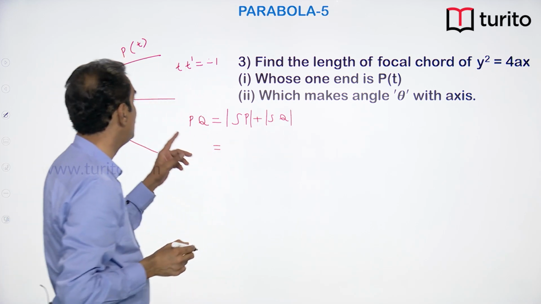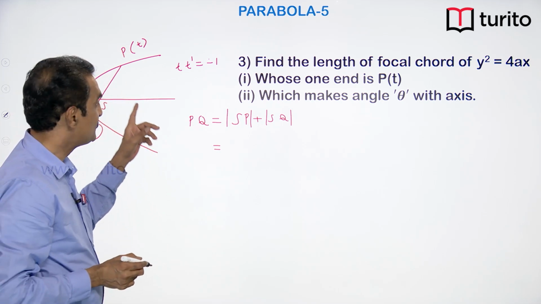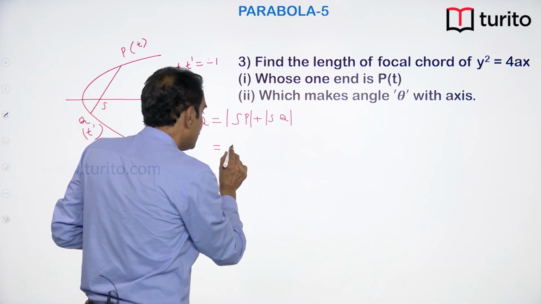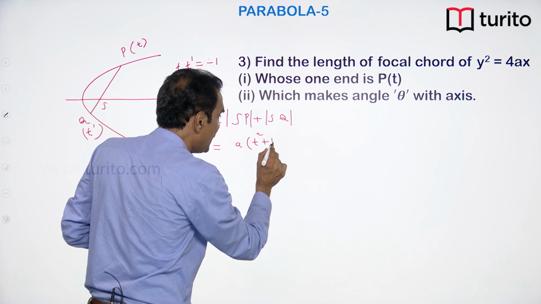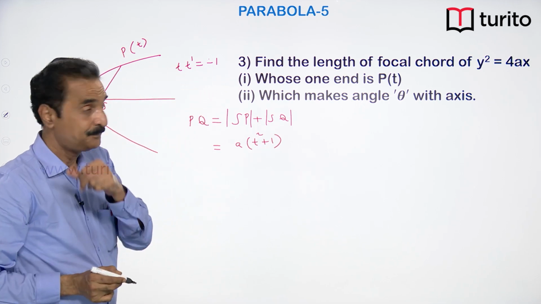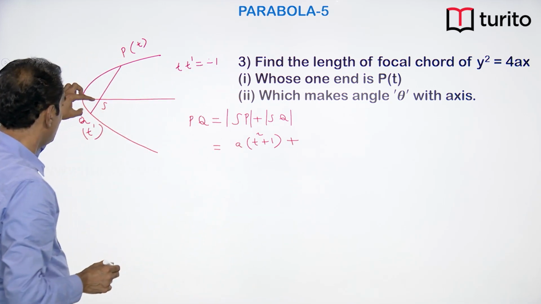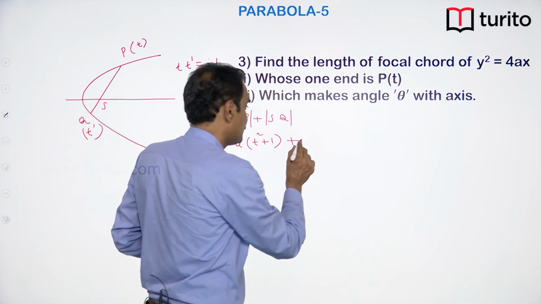What is mod SP? I have already discussed the focal distance formula. It is mod x1 plus a, that is mod a t square plus a, that is a into t square plus 1, is it not? Plus, what is SQ? A into t dash square plus 1.